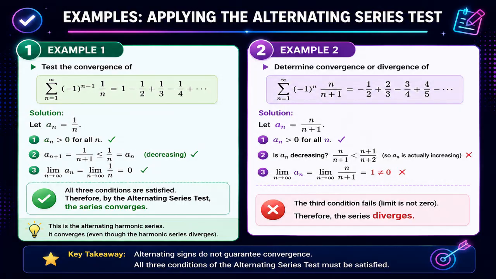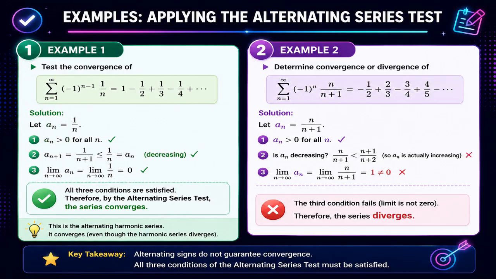Let us put the test to work with two examples. Example 1. We formally test the alternating harmonic series where a sub n equals 1 over n. Let us check our three conditions. First, a sub n is clearly greater than 0 for all n.